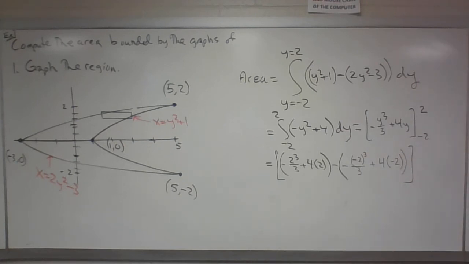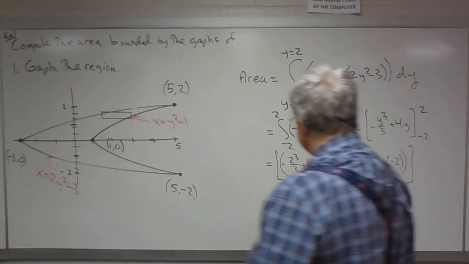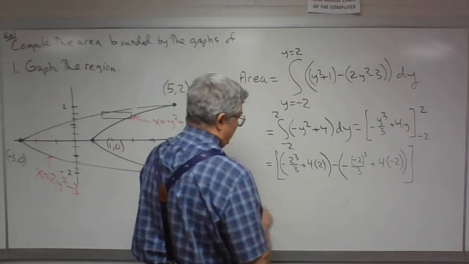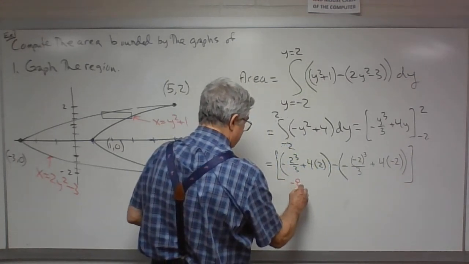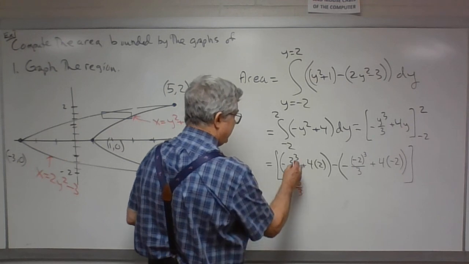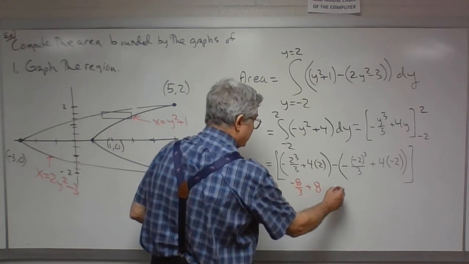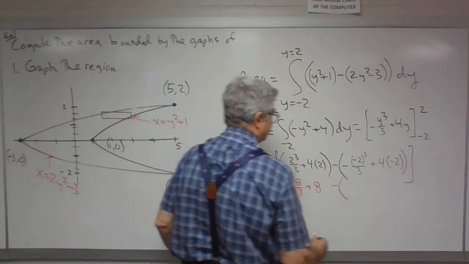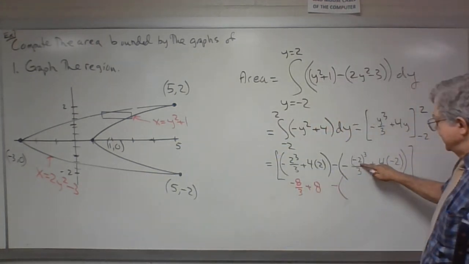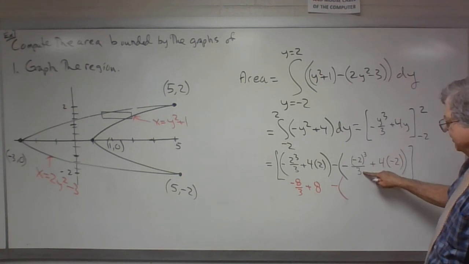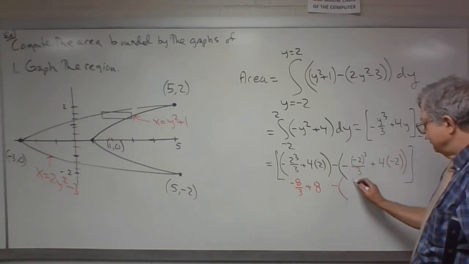Did I do it right? Negative 2 cubed over 3, 4 times negative 2. I think I did. We have negative 8 over 3 plus 8 minus, this is negative 8 over 3, minus that is 8 over 3.